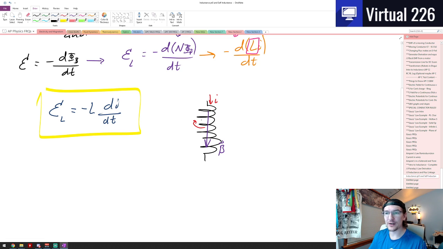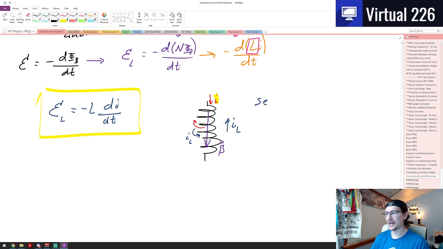That means you've generated a change in flux. Your current was 0, now your current is something. Your current has just changed. You have a change in current, so you're going to generate an EMF. And this EMF needs to oppose the current that came in initially. So we're going to generate an EMF that goes around the other direction for the current. This is the current induced by the inductor, and that means we are going to self-induce a current acting in the opposite direction.